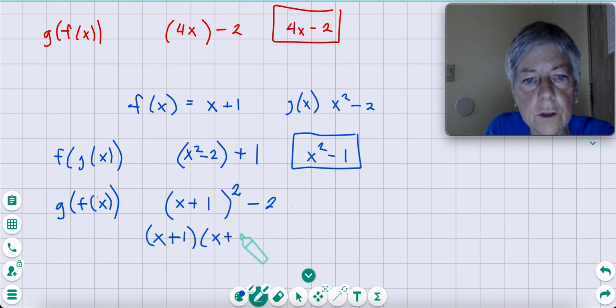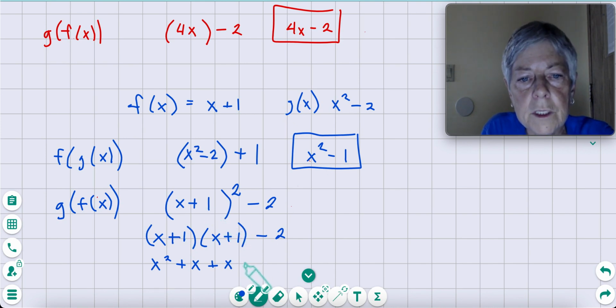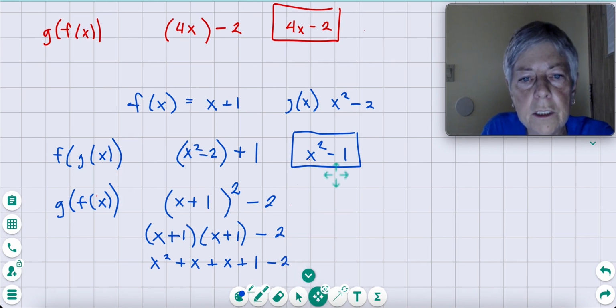And you're going to need to use your FOIL rules, etc., which means you're going to go x squared, the outers plus an x, the inners plus another x, and then finally the last terms is going to be plus a 1, and then minus a 2 here. Let's move this up a little bit.